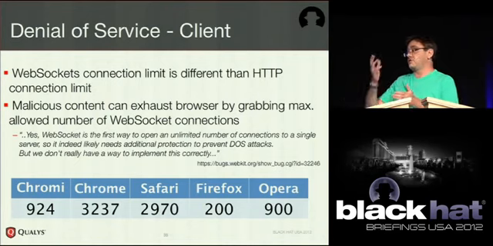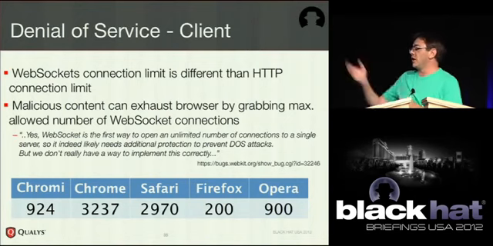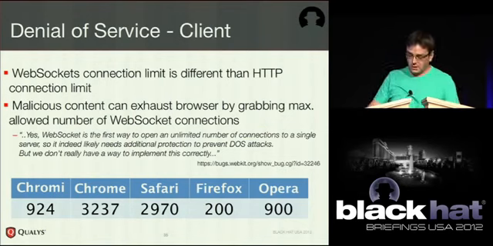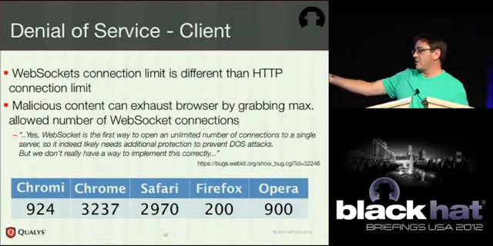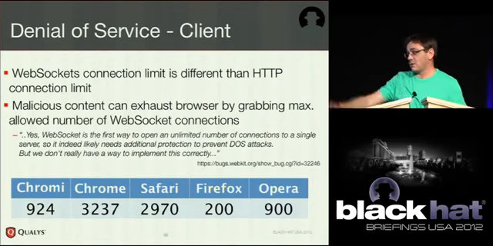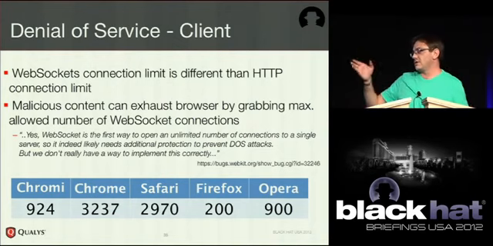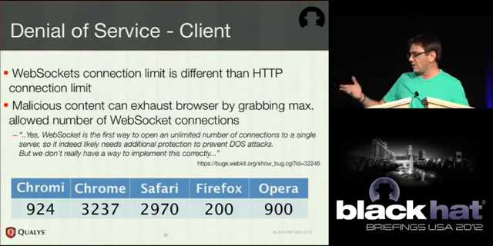For example, Firefox limits concurrent HTTP connections to the same domain to 6 or 4, some low number. And with WebSockets, numbers are totally different. Experimentally, I tried numbers and they look like this in this table, except in Firefox, where it's not hard-coded, its default value is 200. We can change it from the about:config window.